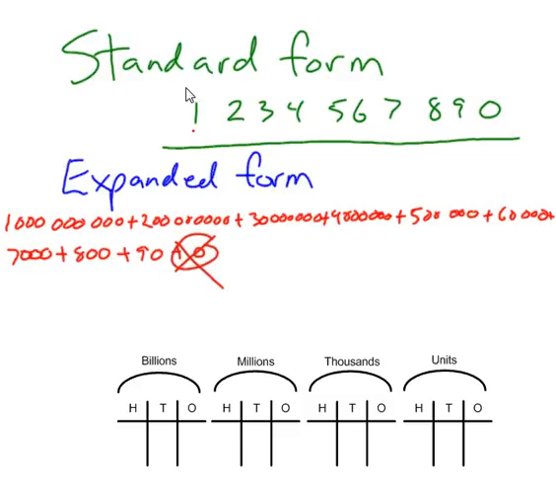That's it. When we write down expanded form, it's simply adding up the value of every single digit. We expand the condensed form, which we call standard form, and show every single value.